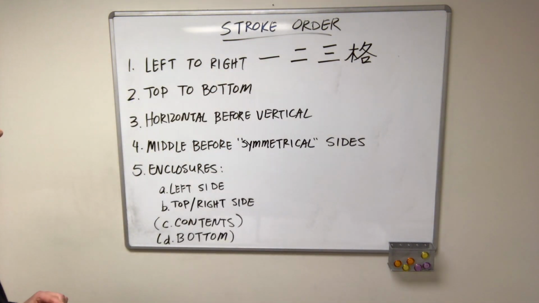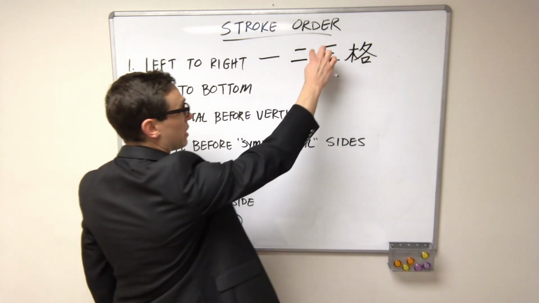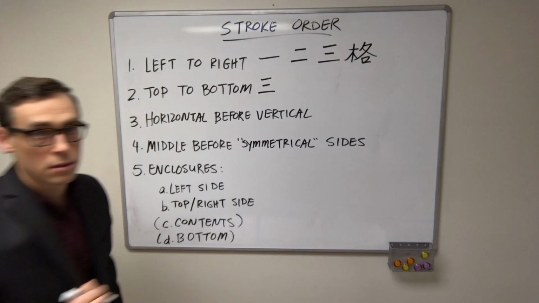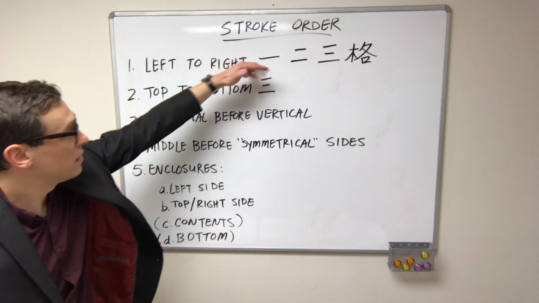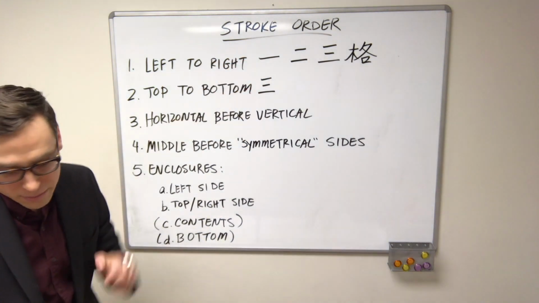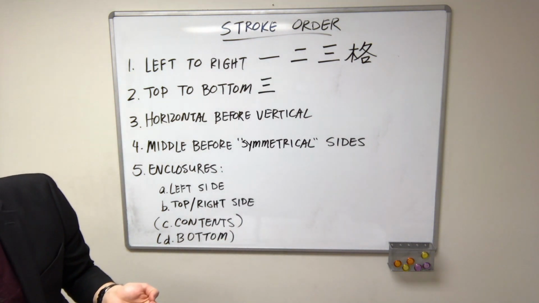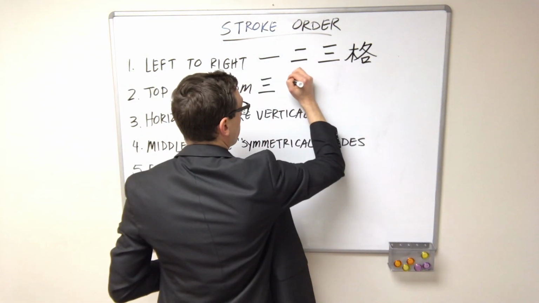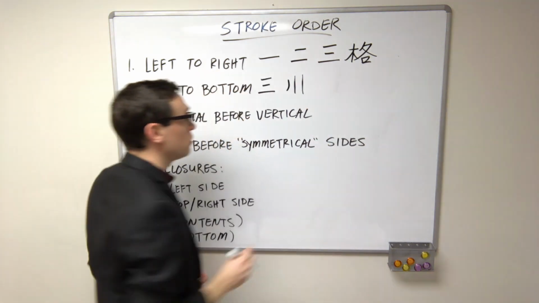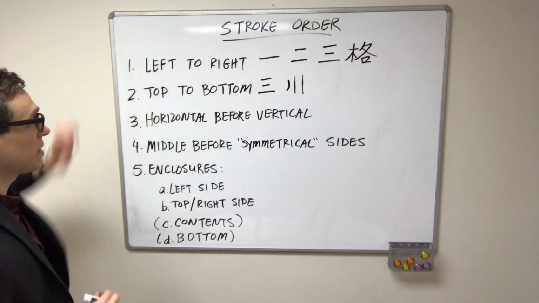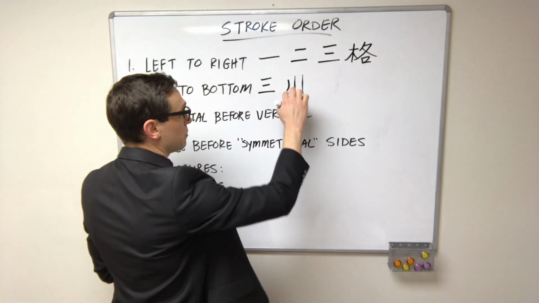Next, top to bottom. As you might have noticed over here, as I went down this character, the top one came first, then the middle, then the bottom. Another example. Chuan. So both left to right and top to bottom are evident right here.